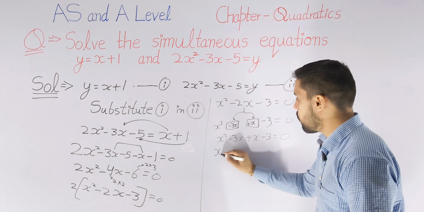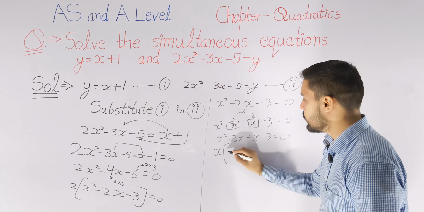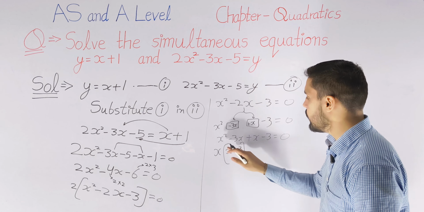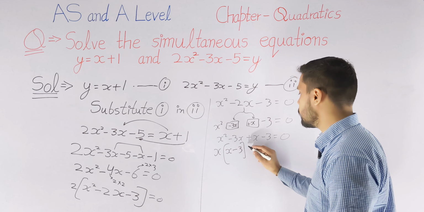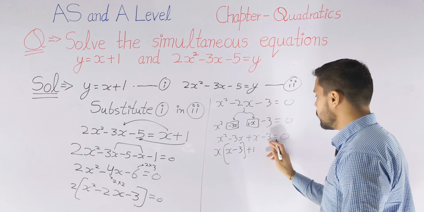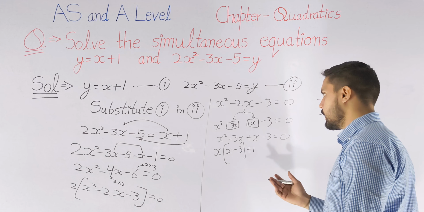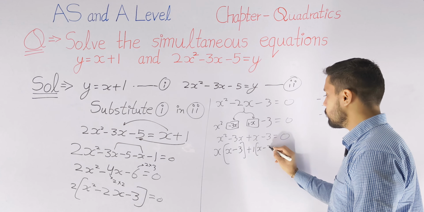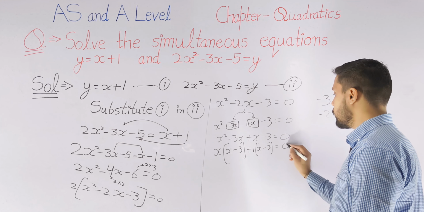Take x common, and we are left with x inside and minus 3 when we take x common from these two terms. Take 1 common from these two terms, because we have nothing other than 1 common, and we are left with x minus 3 inside is equal to 0.